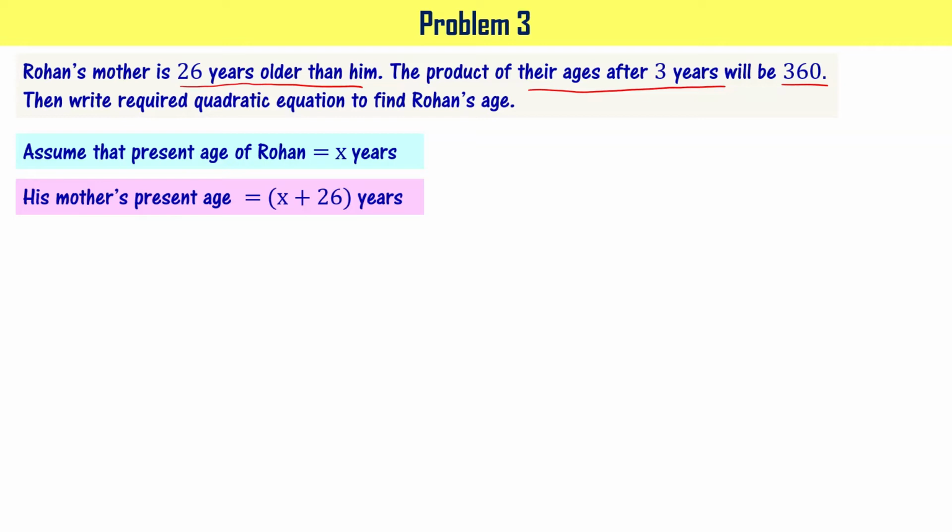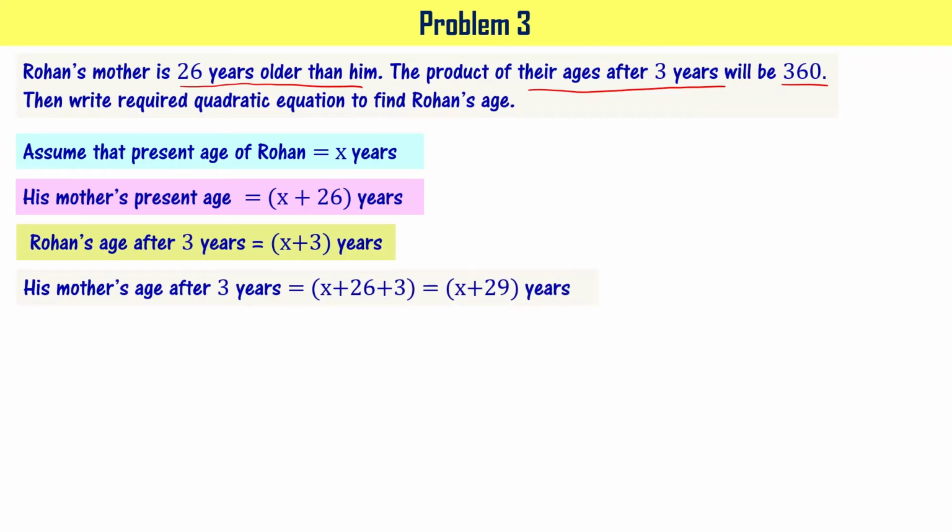Now let's write that. Rohan's age after 3 years is x + 3 years, right? Rohan's mother's age after 3 years is going to be x + 26 + 3, that is equal to x + 29 years.